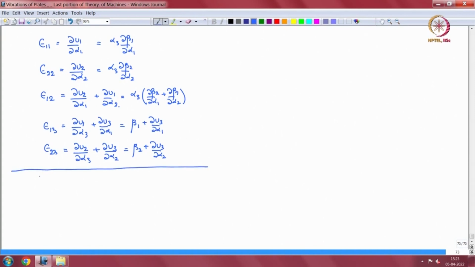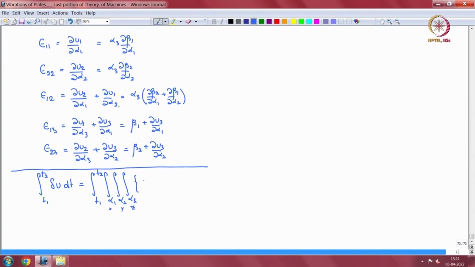As before, the variation of the strain energy is equal to the integral from T1 to T2, integral over alpha 1, integral over alpha 2, integral over alpha 3, which means x, y and z.